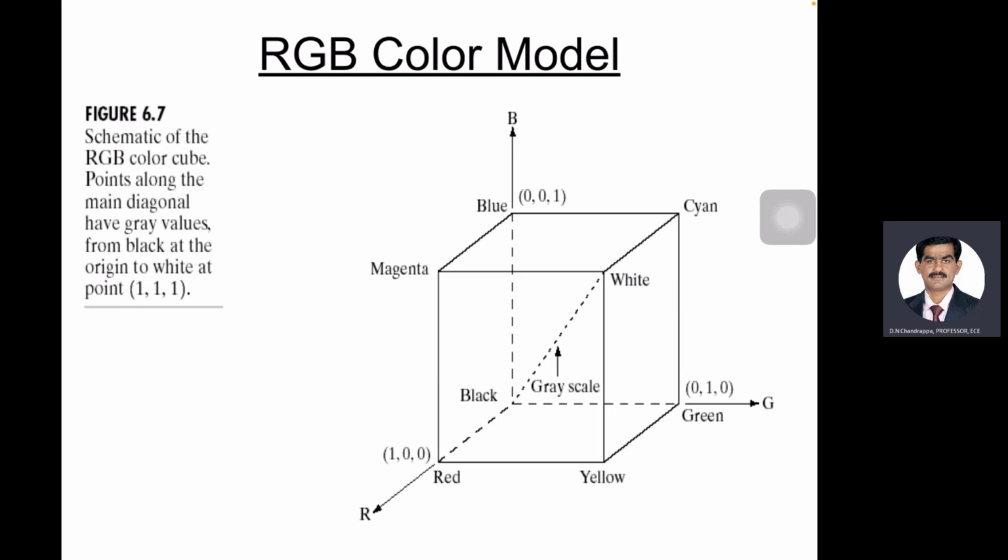Here, the pixel depth is the number of bits used to represent each pixel in RGB space. The depth is equal to 24 bits, with each image plane being 8 bits. Such an image is called a full color image. For example, the total number of colors in a 24-bit RGB image is 2 power 8, taken to the power of 3 colors.